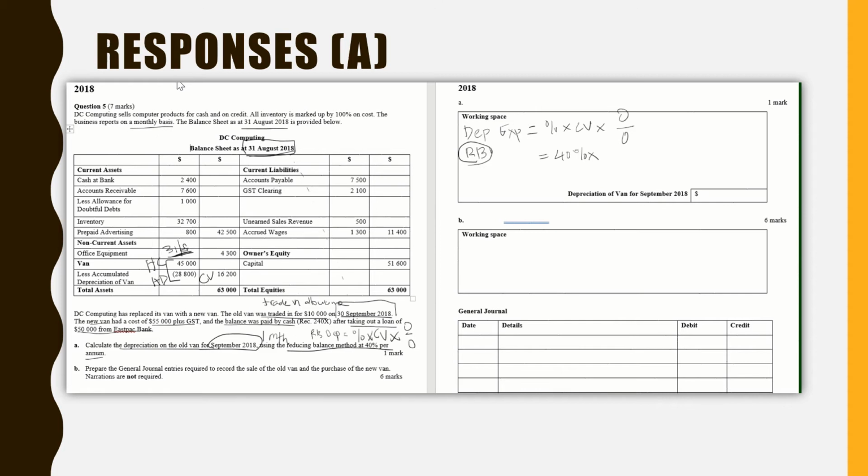What is carrying value? And this is where I want you to remind yourselves, carrying value is what we call historical cost minus the accumulated depreciation. Where do we get the historical cost? Aha, balance sheet. So it says here, oh no, that just got erased.